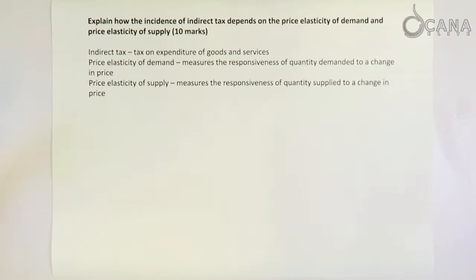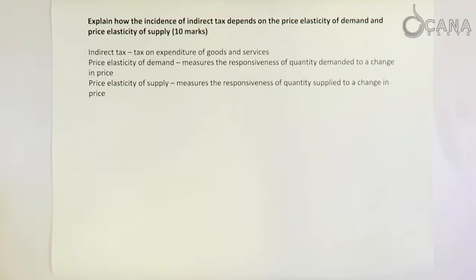Therefore, if consumers would be less responsive to a high price than the producer, what would producers do if a tax is imposed? Would producers be willing to take on more of the tax burden? The answer is no. Therefore, the producer would pass more of the tax burden to the consumers, and they would take less of the tax burden. And that's how PED and PES would impact the tax incidence.